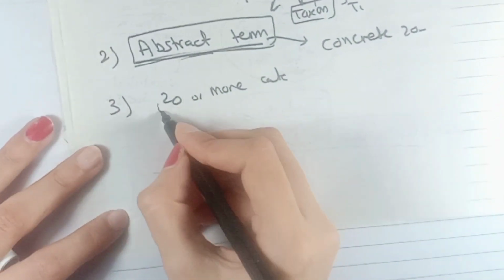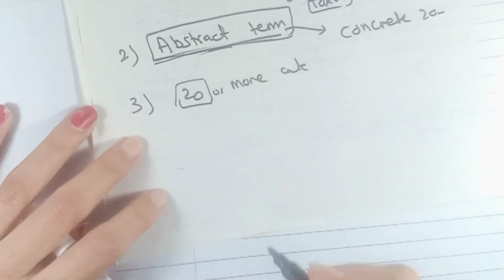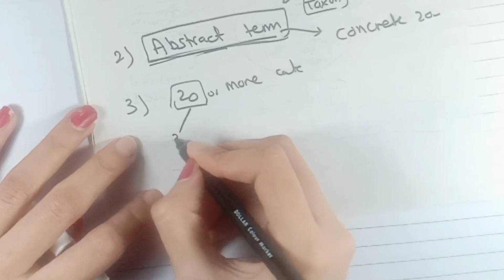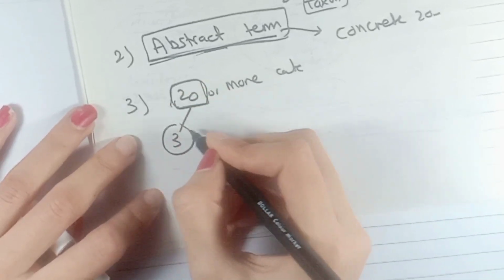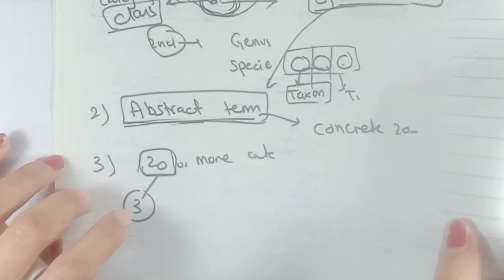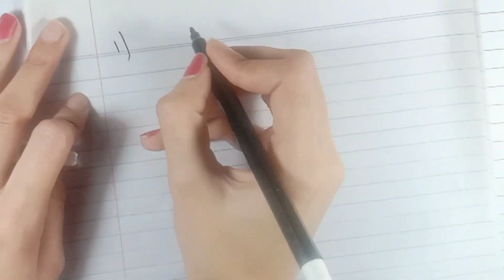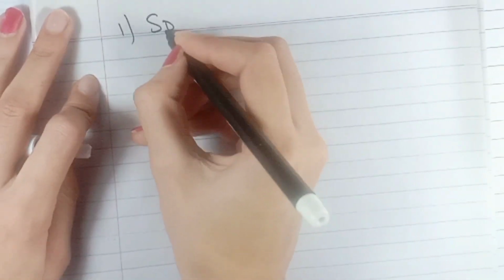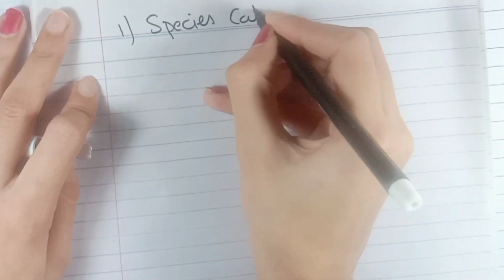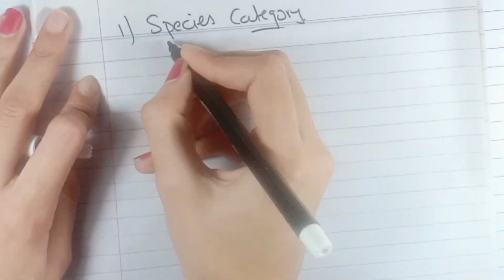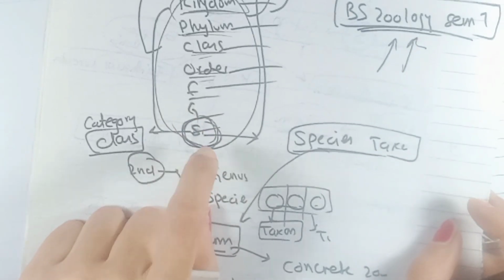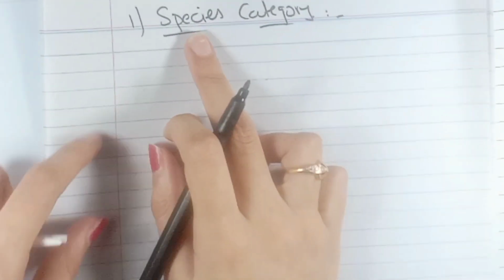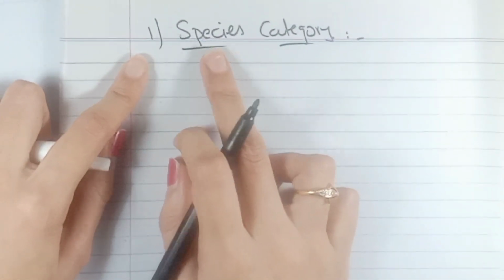So these 20 categories, scientists divide into three groups. Now what are those groups? The first one is the species category. Obviously we know the species category, the smallest level one. This is the class whose members are species taxa.